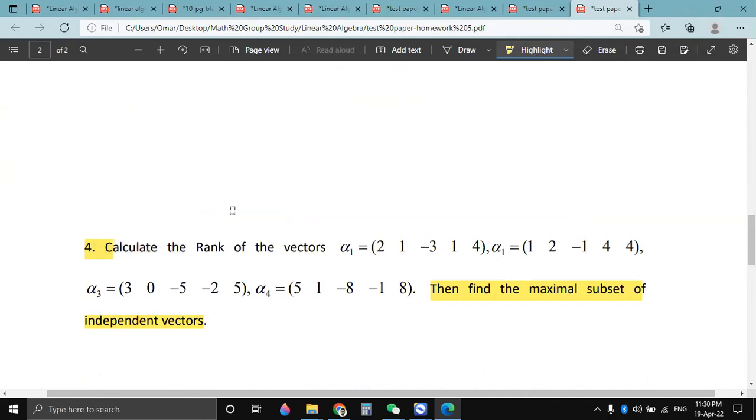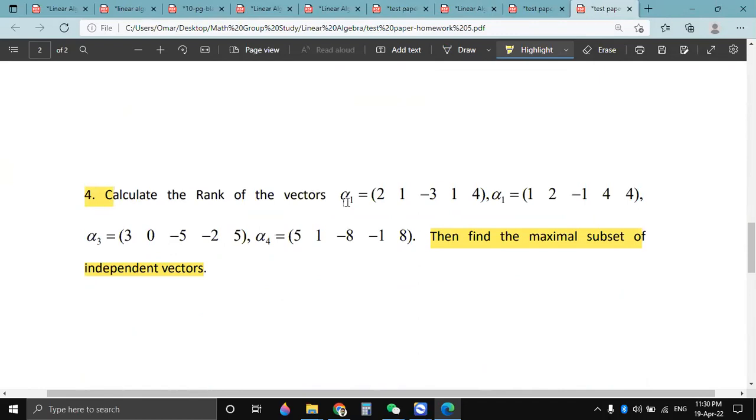Yesterday I explained this one, so you can see the previous video, okay? But let me just explain within 1 or 2 minutes. Again, we have alpha 1, alpha 2, alpha 3, and alpha 4, and we have to calculate the rank of this and find the maximum subset of independent vectors.